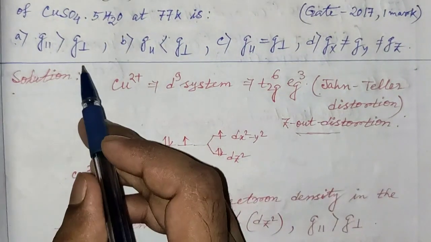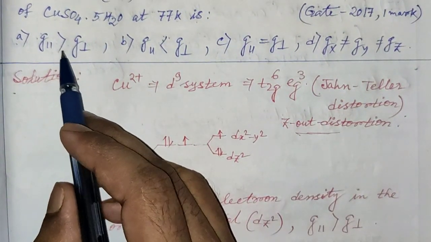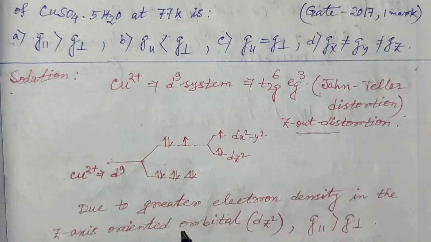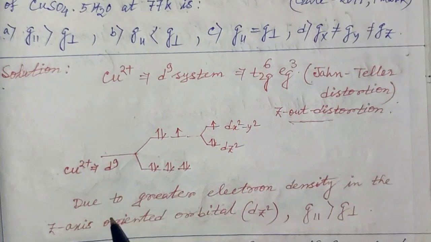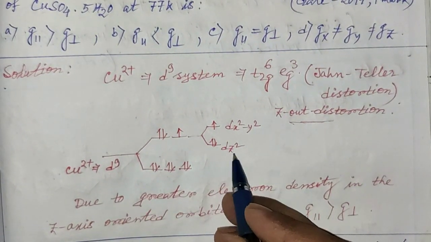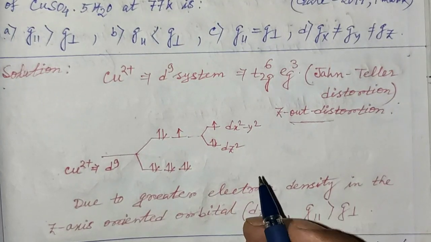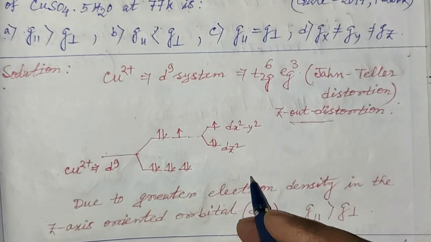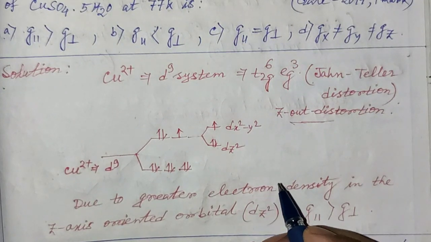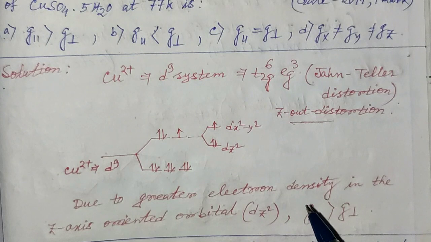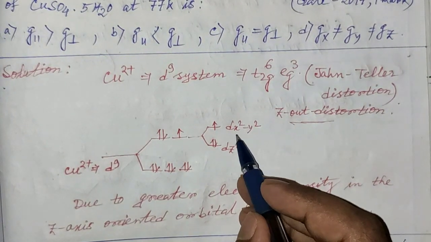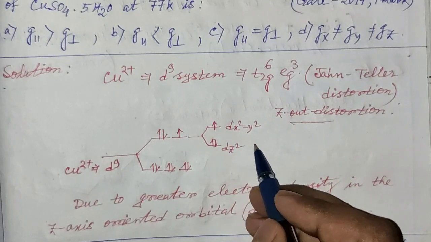So we have to say which relation between g parallel and g perpendicular is correct for this case. Now due to greater electron density in the dz square orbital, g parallel, which is oriented along the z axis and depends on the electron density along that orbital, will be higher than g perpendicular, which depends on the electron density along the xy plane.